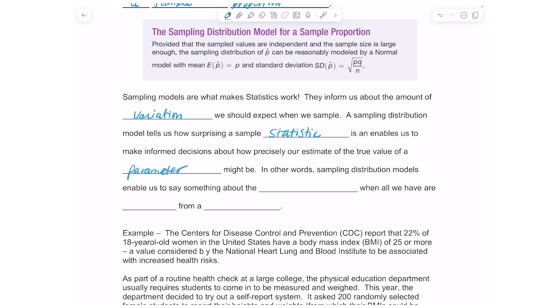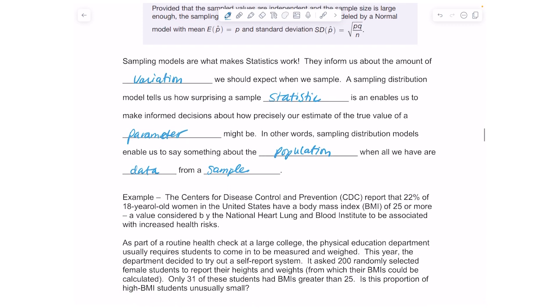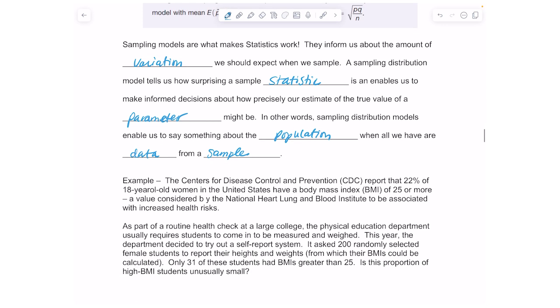In other words, sampling distribution models enable us to say something about the population when all we have are data from our sample. And that's why it's important to be able to draw a good sample. And we talked about valid ways to do that back in chapter 11.